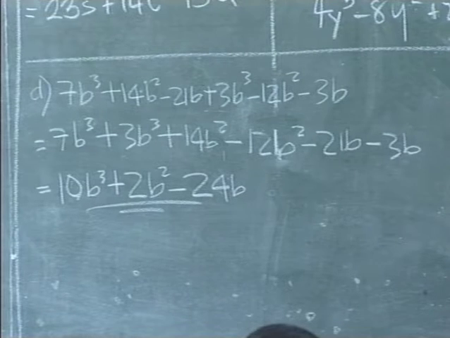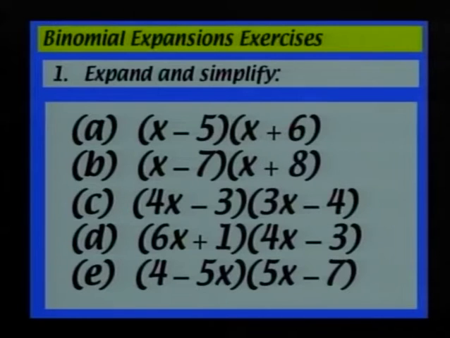All right, the next exercise we are going to do based on binomial expansions is that one. Letter A. Solomon, give us your answer. x squared plus x minus 30. Correct. B. George. x squared plus x minus 56. Correct.